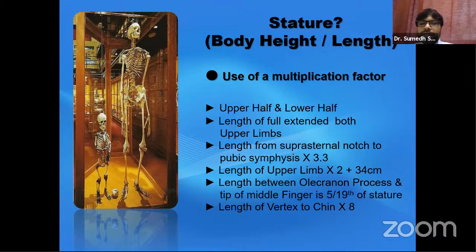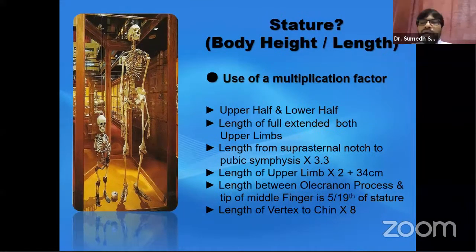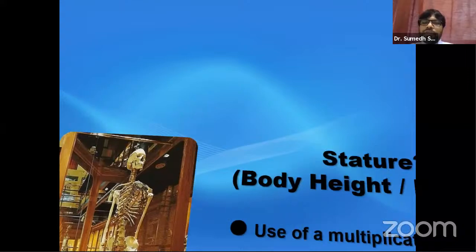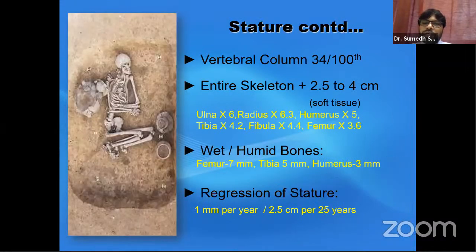So from the base of the mental tubercle to the vertex, that is the height. If you are calculating this height and multiplying by 8, that would indicate the average height of that individual. So we have calculated the average height of an individual by only examining the skull.